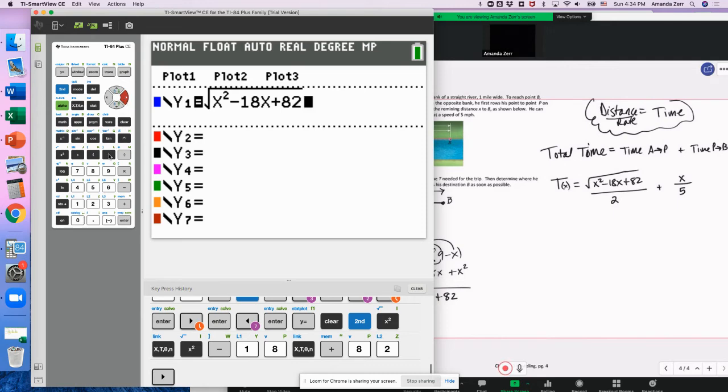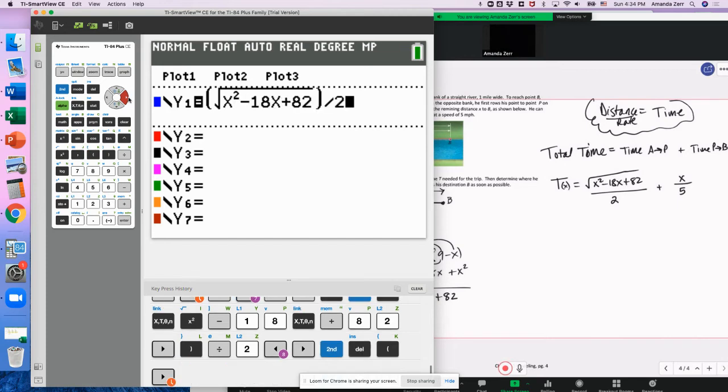But that's supposed to be divided by 2. Gotta go add my other parentheses. Okay, good. So that's the first distance divided by rate. And then we need to do the next one, plus x divided by 5.